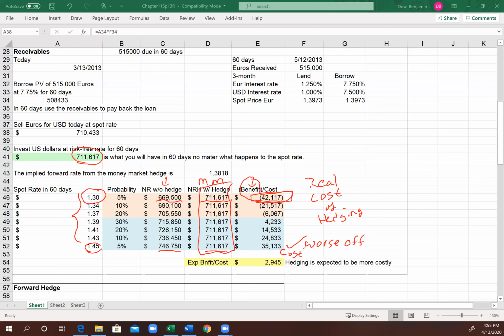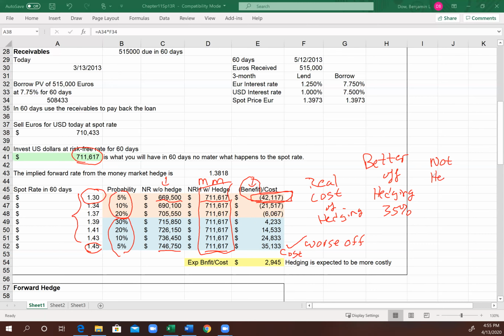So now you can kind of see, and you can show it in chart format. You would be better off hedging according to your forecast about 35% of the time. You would be better off not hedging about 65% of the time.